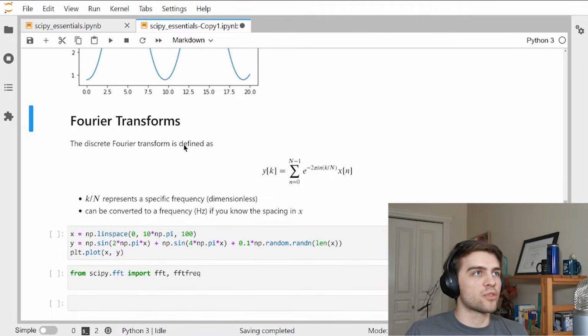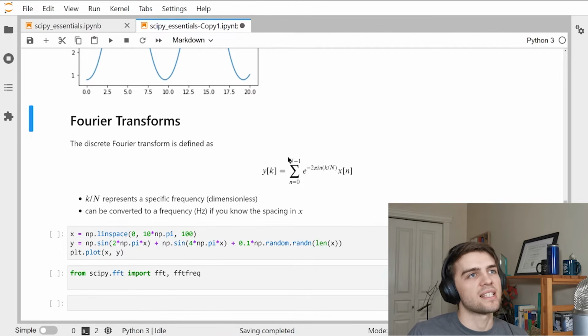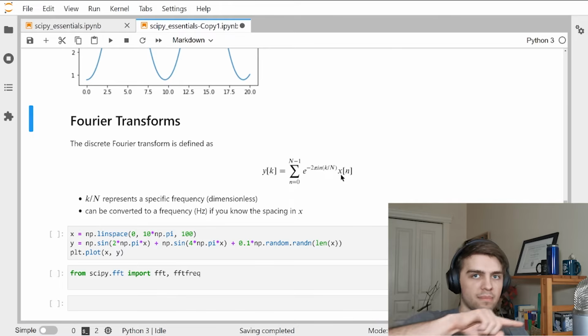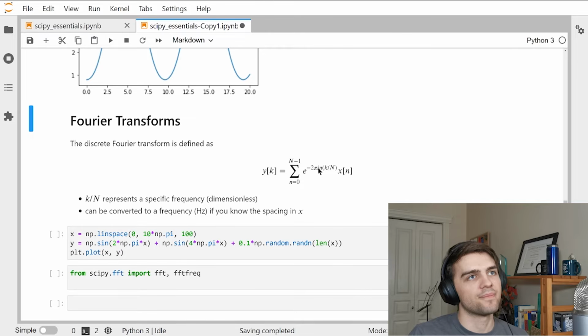Well, the discrete Fourier transform of a time series is defined as follows, like this: y, which is my Fourier transformed time series, is this sum here, and then x is my time domain, and y would be my frequency domain. And so it's e to the minus 2 pi i, right?